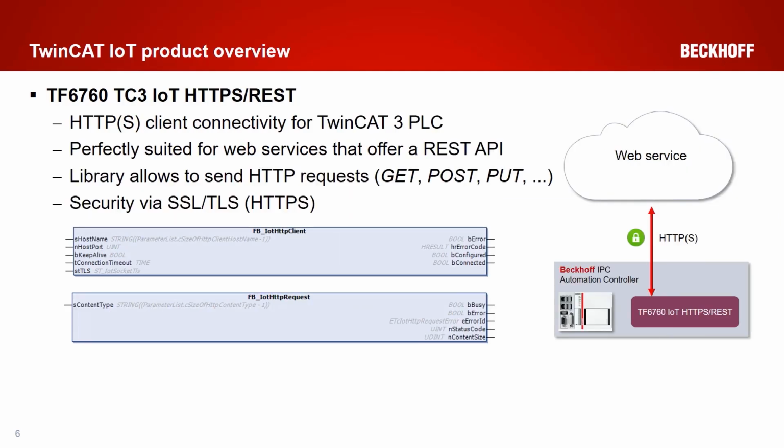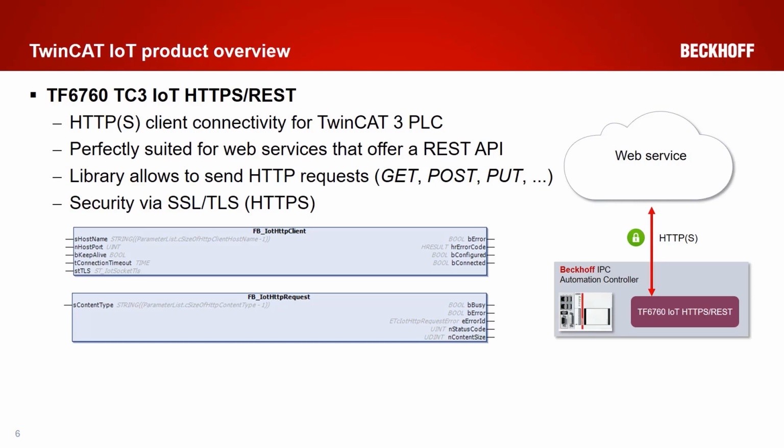A relatively new product that we've had since the beginning of this year is our HTTP client for the PLC. It's a function block for the PLC that you can use to connect to a REST API, so to a web server that offers a REST API, and HTTP is used as the transport.